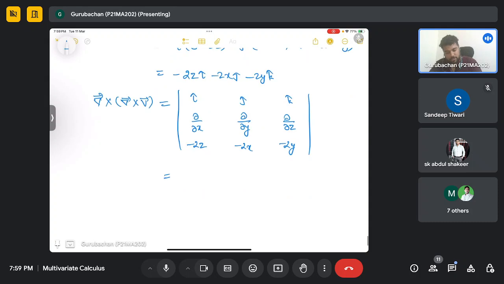So this will give you i(minus 2 plus 0) minus j(0) plus k(minus 2 minus 0), which is minus 2i minus 2j minus 2k.